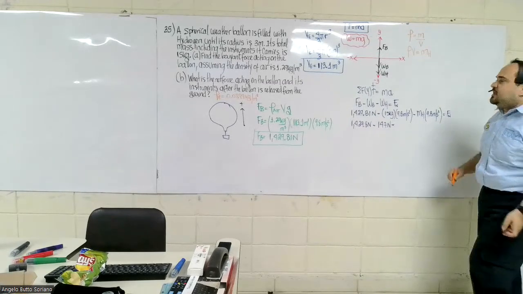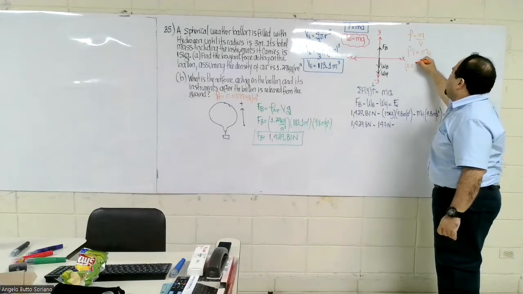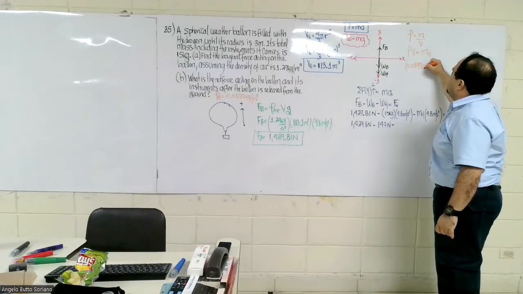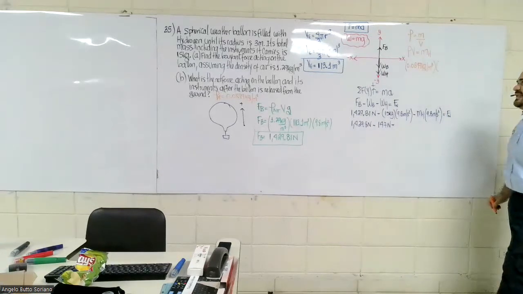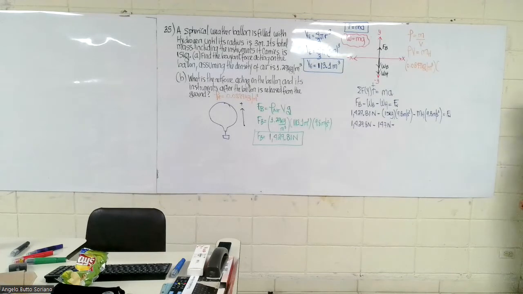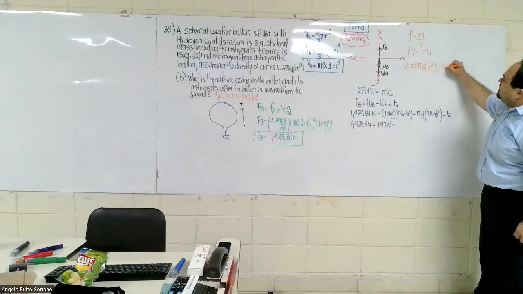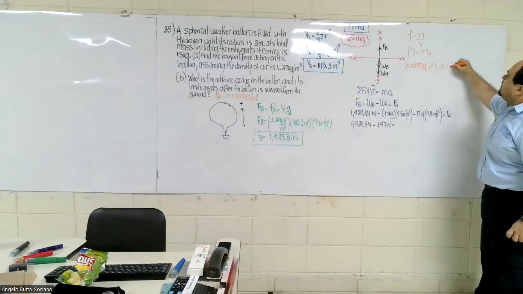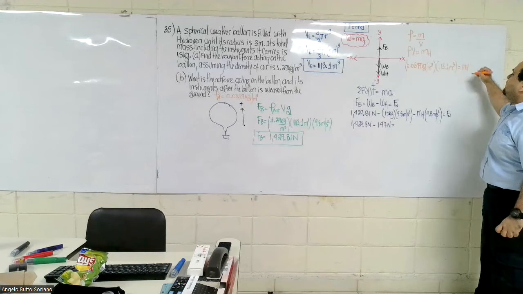So the density is 0.0899 kilograms per cubic meter multiplied by the volume, and the volume is 113.1 cubic meters. And this is going to be the mass of the hydrogen.